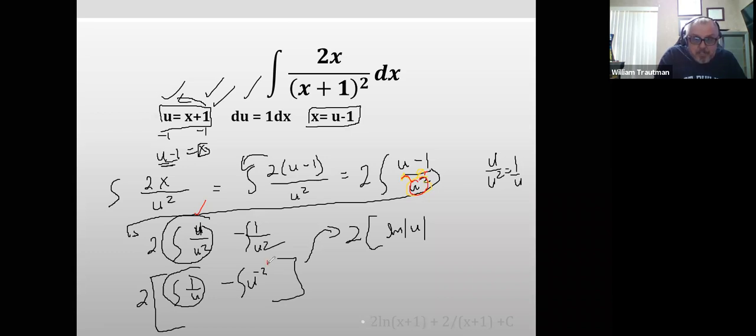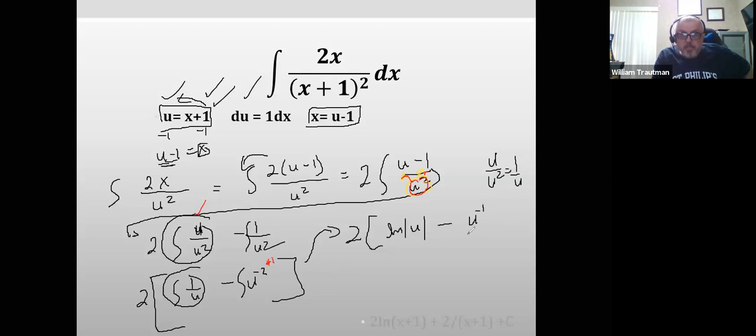We add 1. And negative 2 plus 1 is negative 1. So here I end up with minus u to the negative 1.